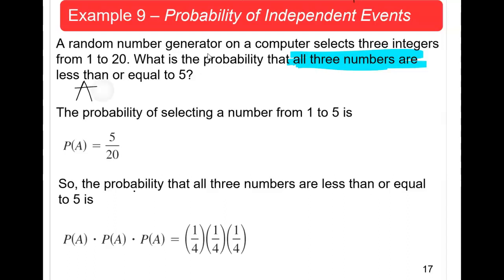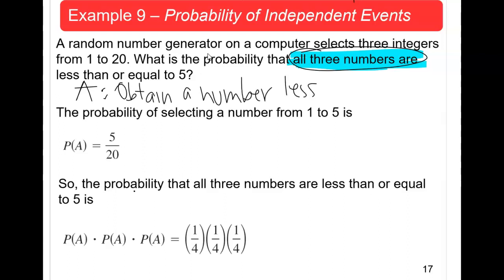So the event, we denote A, is going to stand for, no, not all three, one single event will be to obtain a number that is less than or equal to 5.